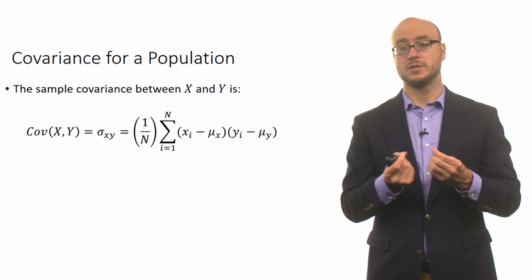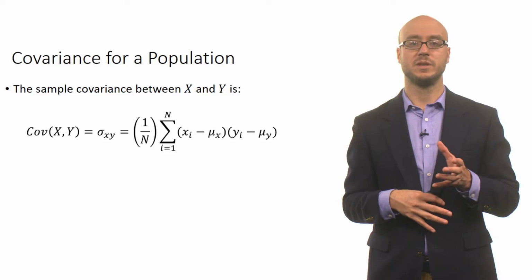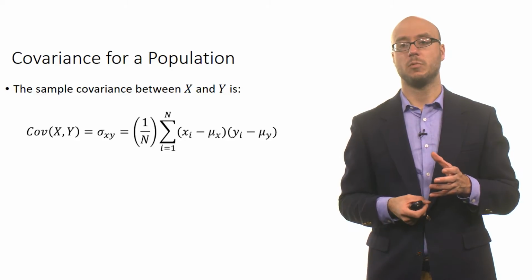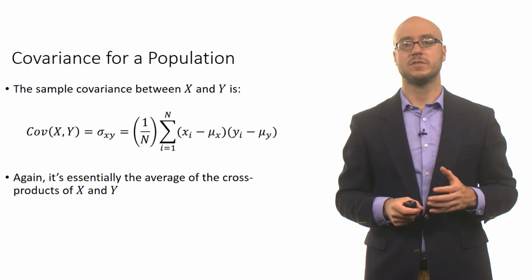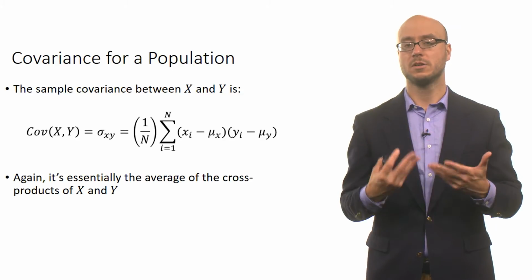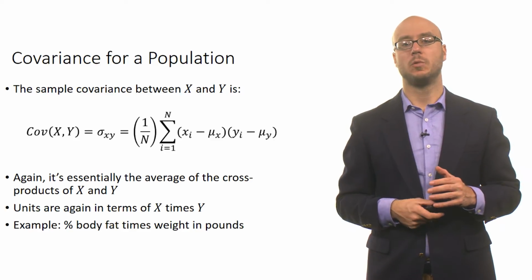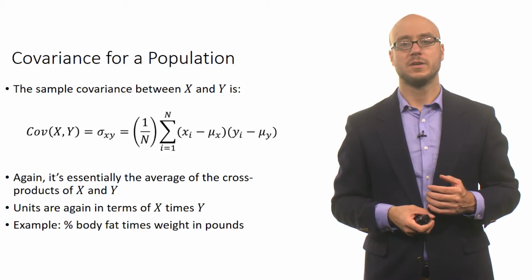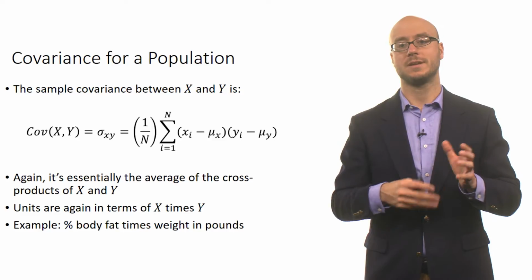Then we use mu, the population mean of x, and the population mean of y in our calculation. But substantively, it's again the average of the cross products of x and y, which we'll talk about in a moment. And the units again are in terms of x and y. So again, the covariance of x and y, even for a population, is body fat percentage times weight in pounds.